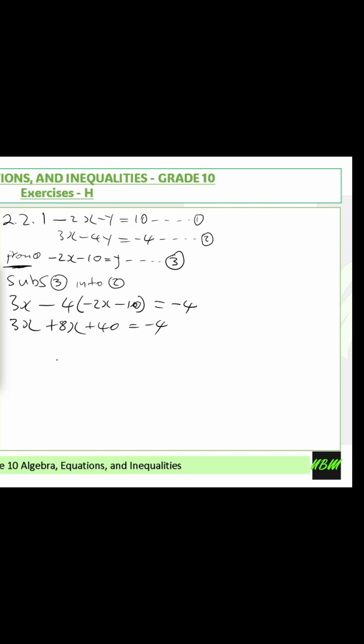Then on the left hand side, collect the like terms, 3x + 8x is 11x. And then transpose 40: equals -4 - 40, which equals -44.